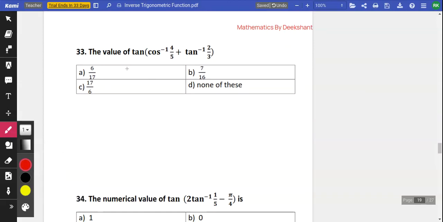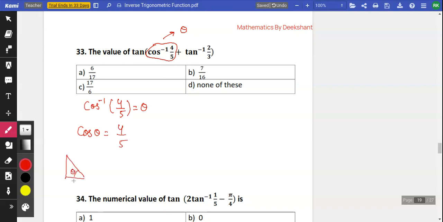The value of tan of cos inverse 4 by 5 and tan inverse 2 by 5. Again, we try to convert cos inverse in terms of tan inverse. Let us suppose this term is theta. So cos inverse 4 upon 5 equals theta and cos theta equals 4 upon 5. Again we draw a right angle triangle.